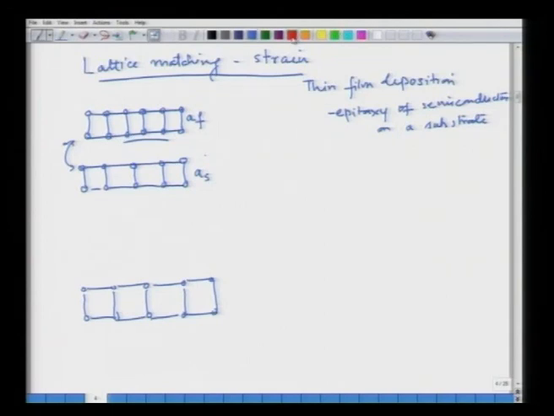One is that the material joins without any change, and my film has to go on top of the substrate and take the shape of the substrate. So, this is a new parameter with which I have deposited my semiconductor on the substrate.